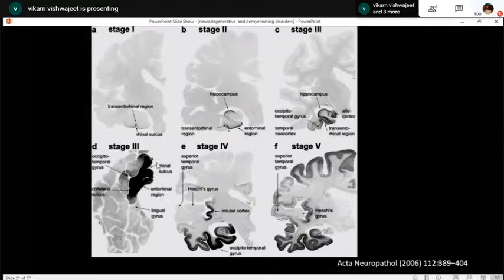Now in stage 4, there is severe involvement of the insular cortex, and you can see the involvement of the occipitotemporal gyrus as well. Finally, in stage 5, the lesion extends to the superior temporal gyrus.